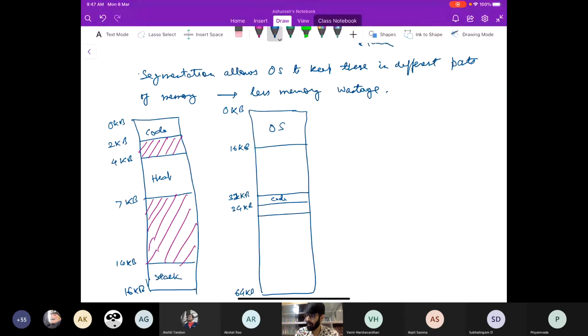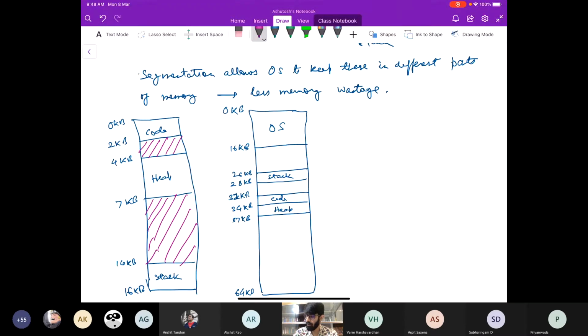So this goes from 34 to 37. And let's say the stack was somewhere here at 28 KB. This is 26 KB.